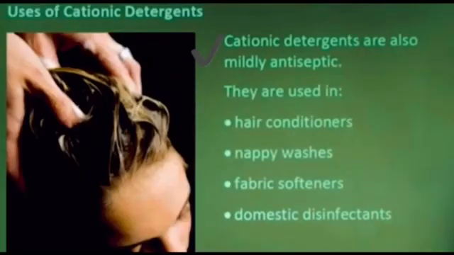And it is also mildly antiseptic, so they tend to kill some bacteria types, and they're used in hair conditioners, as I mentioned, to get rid of that negative charge. And we have nappy washes, fabric softeners, and some domestic disinfectants. So slightly different applications compared to anionic detergents.